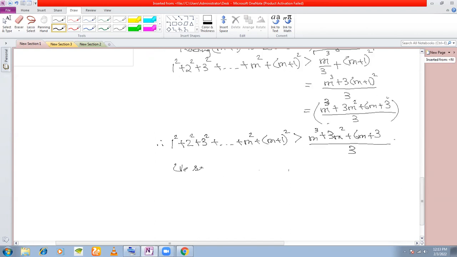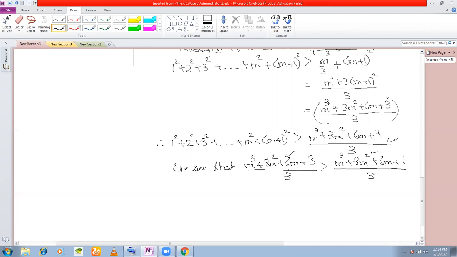So we see that this quantity m cube plus 3m square plus 6m plus 3 divided by 3 must be greater than m cube plus 3m square plus 6m plus 1 by 3. Can we write this, that this quantity is greater than this?